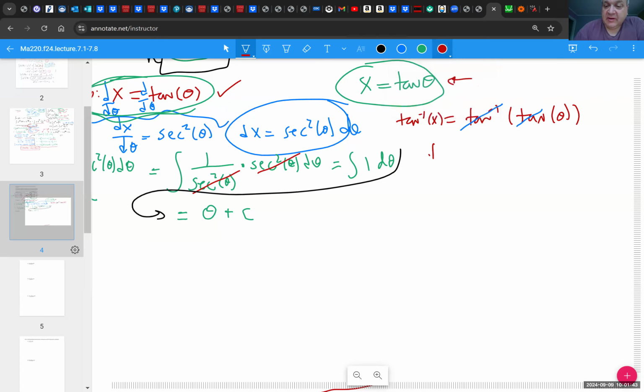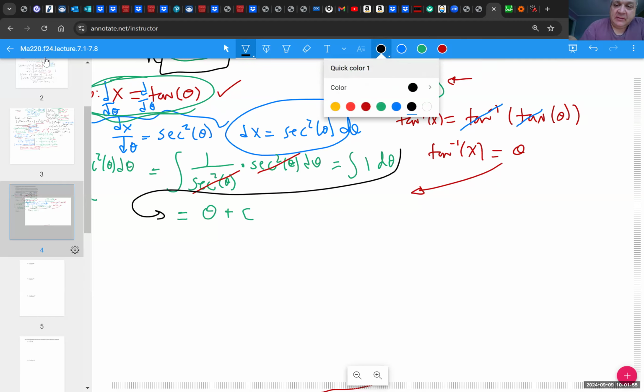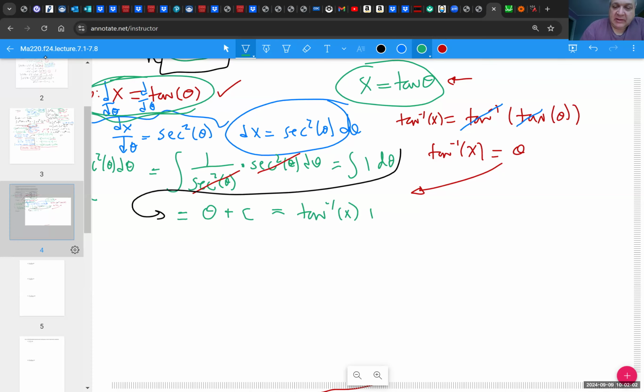So inverse tangent of x is equal to theta. So we can put that back into our answer, and that gives us a final answer of tangent inverse x plus c. So there's a demonstration of using the trigonometric substitution to simplify this integral, find the answer, and then substitute back to get the final result.